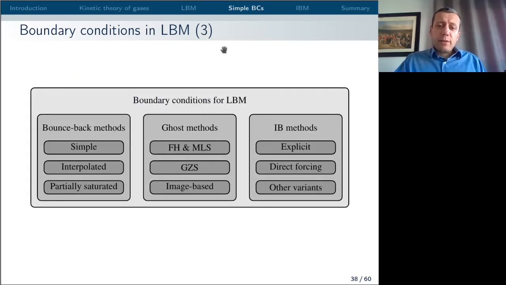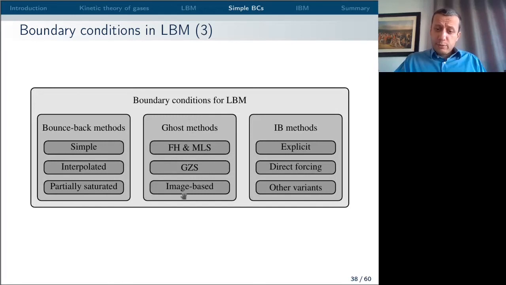And there's a wide variety of boundary conditions, and I will just briefly mention them. You have Bounceback methods, and I will talk about Bounceback in more detail soon. But even for Bounceback, you have different ones. You have simple Bounceback, interpolated Bounceback, partially saturated or gray Bounceback. You have ghost methods, which means you construct lattice nodes inside the solid in a way that they give you the populations that you want to have to recover the right velocity or pressure at the boundary.